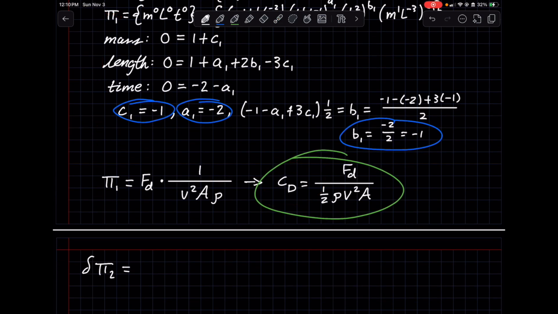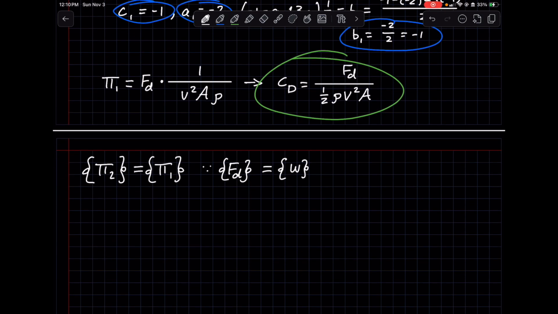So I'm going to say that pi 2 is equal to pi 1, because the dimensions of the drag force are equal to the dimensions of the weight force. Therefore pi 2 is also going to be equal to the coefficient of drag.